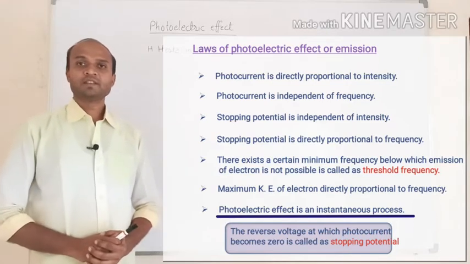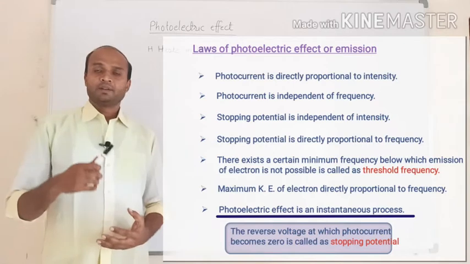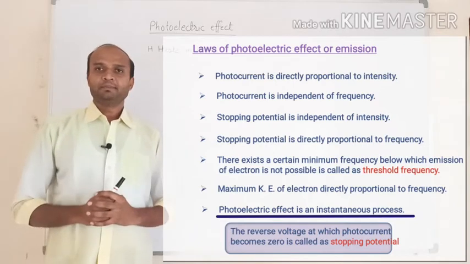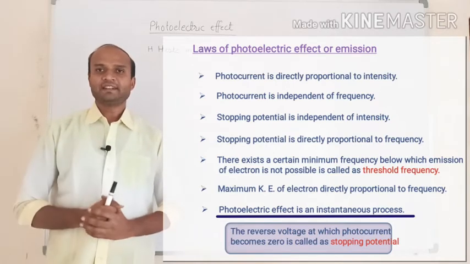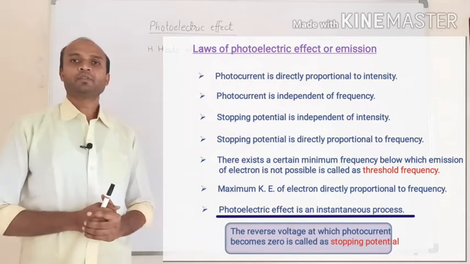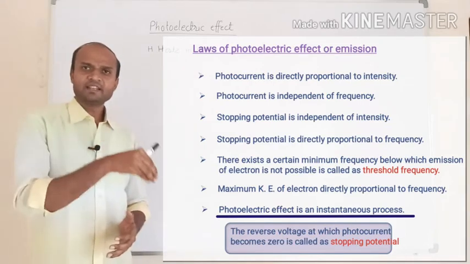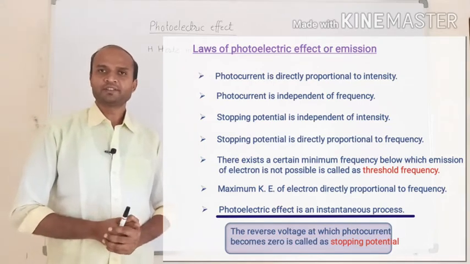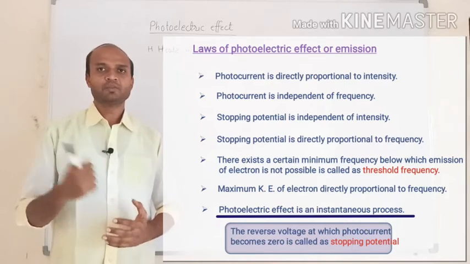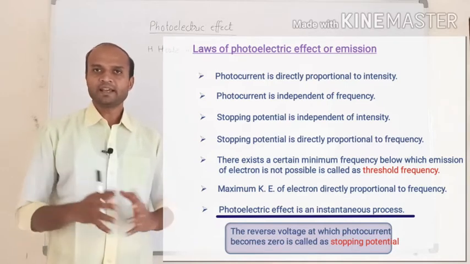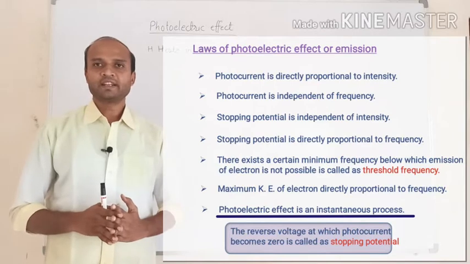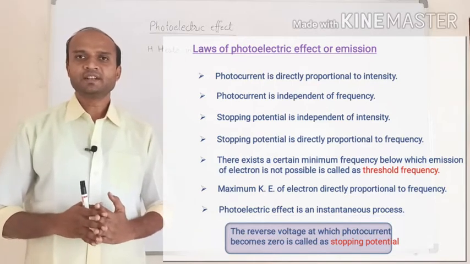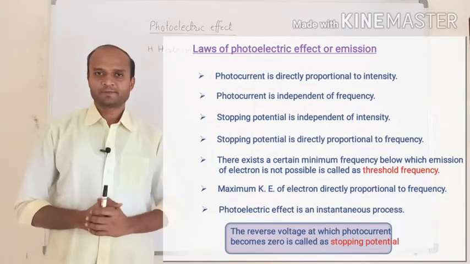Instantaneous process means there is no time lag between incidence of light and emission of electrons. As soon as the light is incident on the metal surface, emission of electrons will take place. There is no time lag, and that's why photoelectric effect is an instantaneous process.